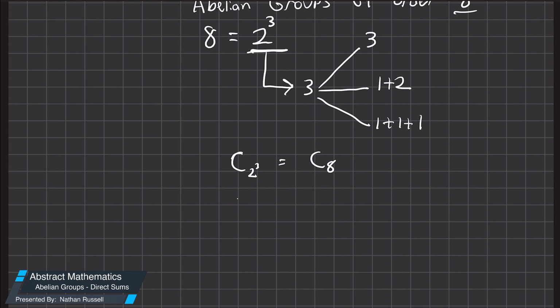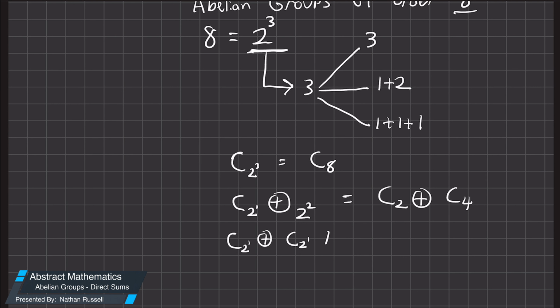We have C2 to the first, direct sum C2 squared, which simplifies to C2 direct sum C4. And then finally, you have C2 to the first, direct sum C2 to the first, direct sum C2 to the first. And this just becomes C2 direct sum C2 direct sum C2.